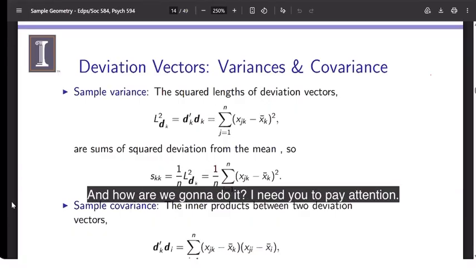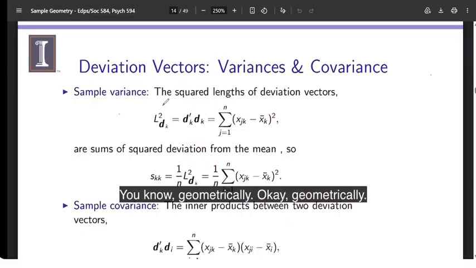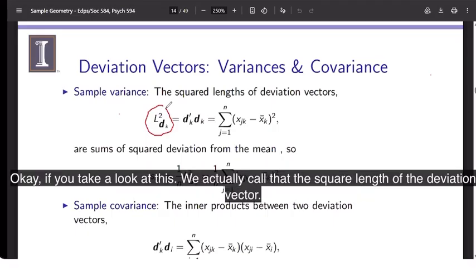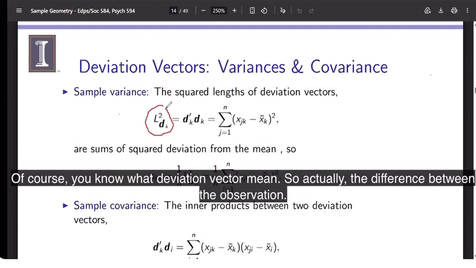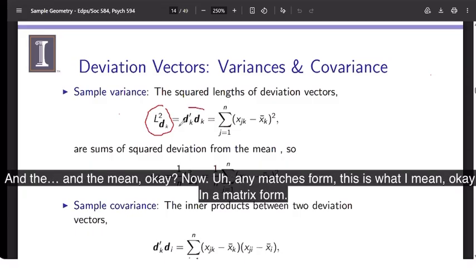Geometrically, if you take a look at this, we actually call that the square length of the deviation vector. Of course, you know what deviation vector means. It's actually the difference between the observation and the mean. Now, in a matrix form, this is what I mean. You're going to see that I'm talking about two vectors here.